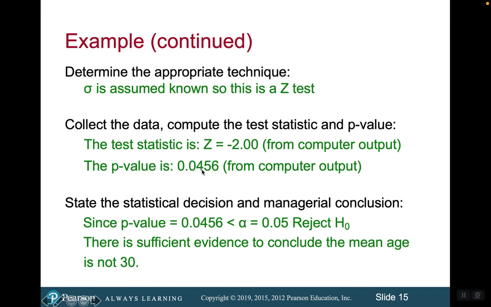The p-value is 0.0456. Then what we're going to do is state the statistical decision and the managerial conclusion.